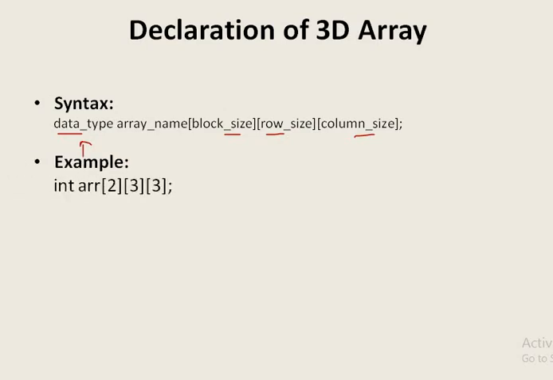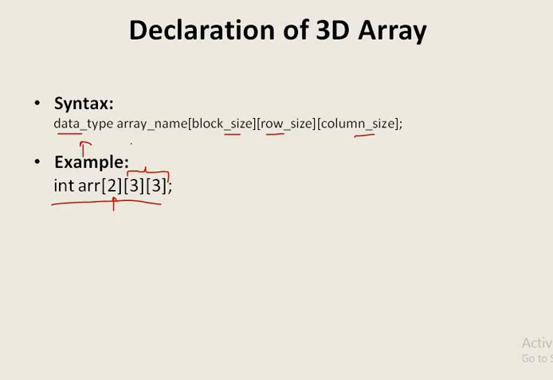So, this is an array declared as a three-dimensional array. The name of the array is ARR, and the type of the values in this array is integer. The first subscript is for block size. It gives the number of blocks in this array. And the second and third subscripts represent the row and column sizes, which will be a two-dimensional array.